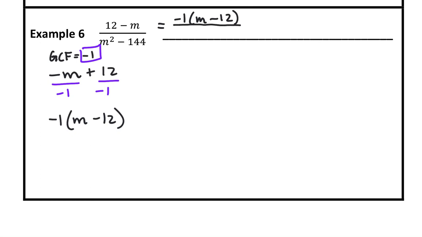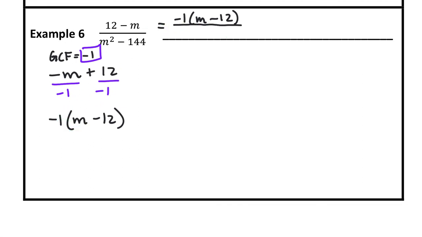And you'll see right now, after we work out the bottom part, why we did this. We make sure that it's written in standard form, because m to the power of 1 is bigger than m to the power of 0. So when I write it in standard form, it's going to be -m plus 12. Then we say, okay, the GCF is 1, but since the first term is negative, I'm going to say -1 is my GCF. So we divide it out and we get the following.